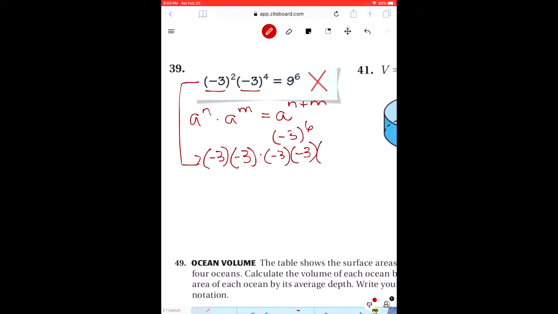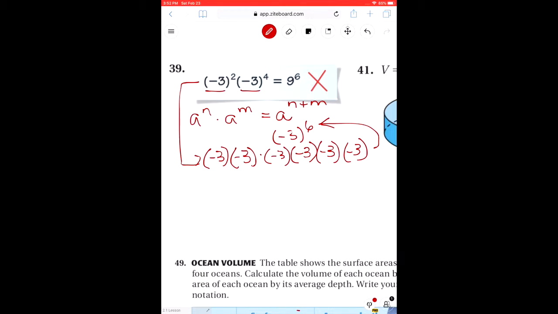So I'm writing that out right now. And you can see that we have a multiplication sentence, negative 3 times itself 6 times. And if we were to condense this into one expression using an exponent, we would get right back to negative 3, all raised to the 6th power. Okay? So that's part 1.